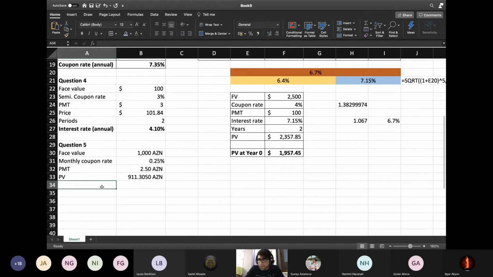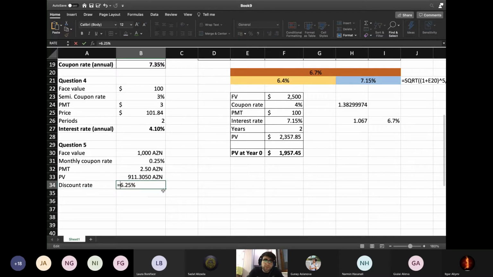Discount rate in Azerbaijan, or interest rate, is 6.25%, but it is an annual discount rate. So we should divide it by 12 because we are required to pay monthly.